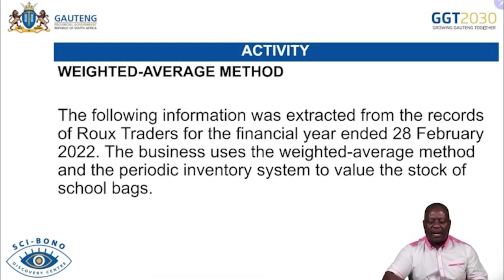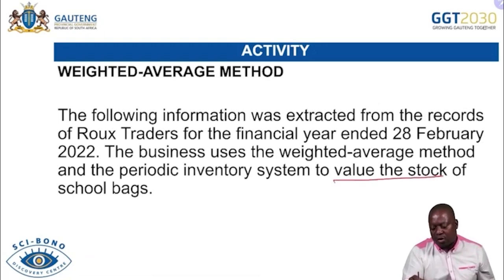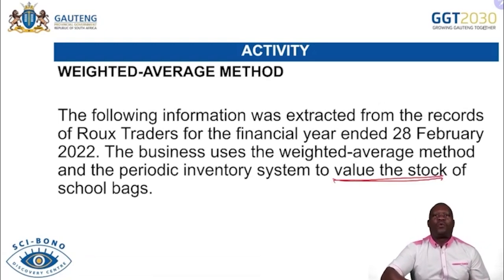So we want to find the value of closing stock of school bags. So you see, with different methods, we find closing stock differently. We don't use the method the same way. Each method tells us how to value our stock.